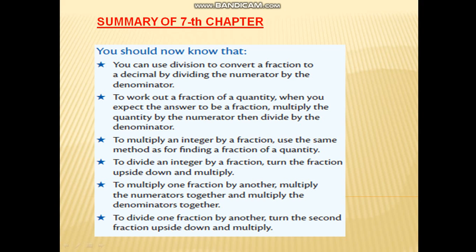Third one. To multiply an integer by a fraction, use the same method as for finding a fraction of a quantity. To divide by a fraction, turn the fraction upside down and multiply by it. For example, 1 over 2 divided by 2 over 3.